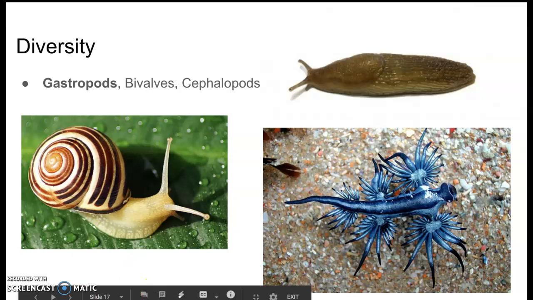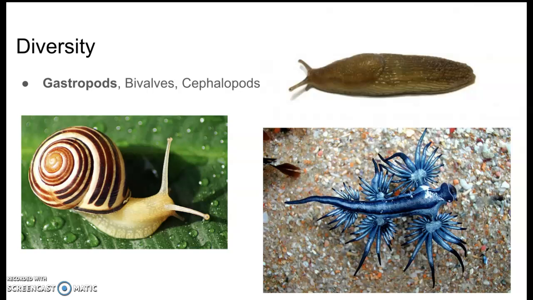Okay, so when it comes to diversity, I told you that there's quite a few. There is a very diverse group of organisms. So the first class is gastropods. Gastro stands for stomach and pod stands for foot. And so these are three different types of gastropods: snails, slugs, and nudibranchs.